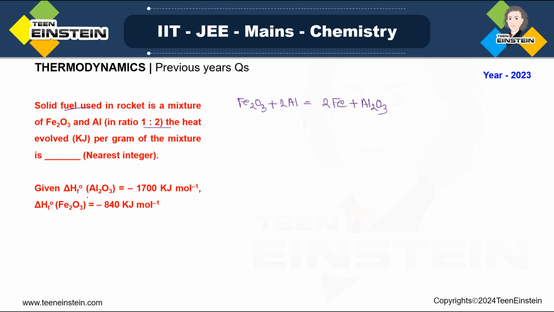Here del HF naught for alumina is given in kilojoule per mole. The same is also given for Fe2O3.